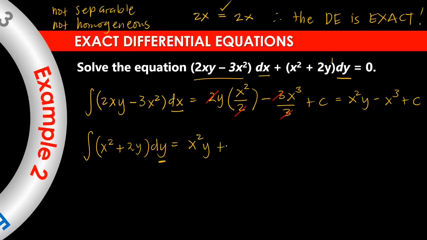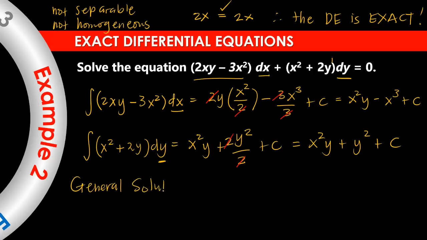At ito naman, magiging 2y squared over 2 plus c. Nakalimutan kong ilagay yung 2. So, now, yung 2 na yan, makakancel siya. Ayan, nag-cancel na siya. No? And let us rewrite the simplified answer here: x squared y plus y squared plus c. Now, we are ready to write down our general solution.